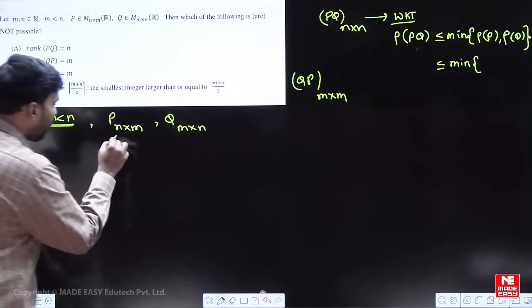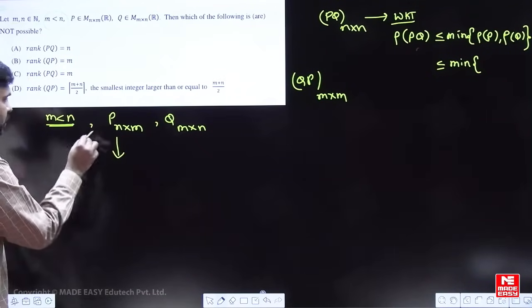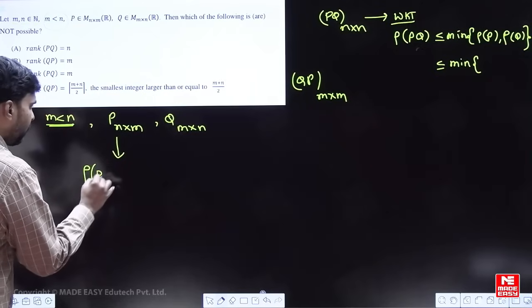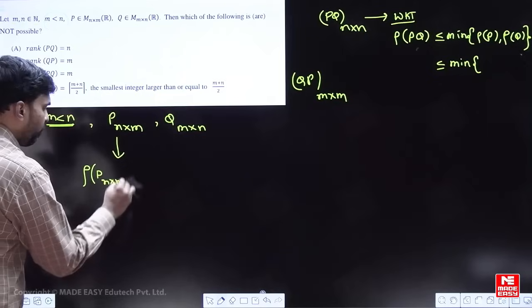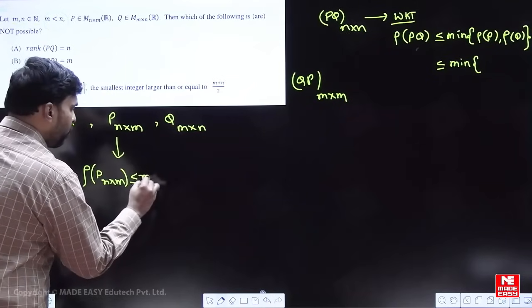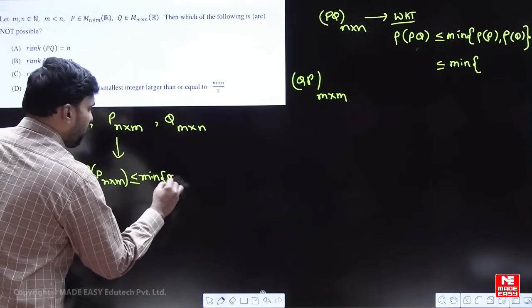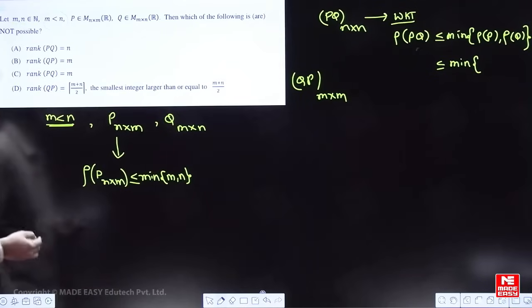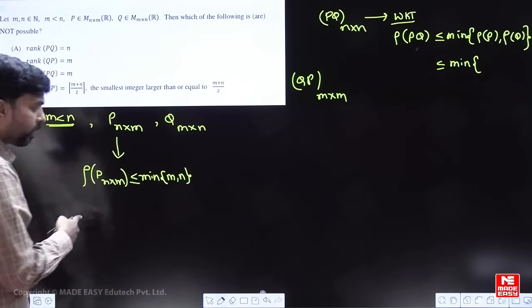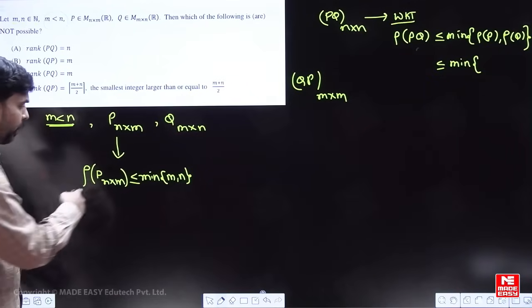If P is an n cross m, my dear students, and m less than n, so I can say rank of n cross m will be less than or equal to minimum of m comma n, according to the property again. So this is one property. Based on the property of rank, we can write like this.